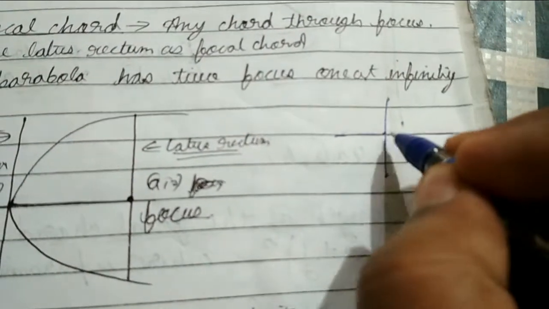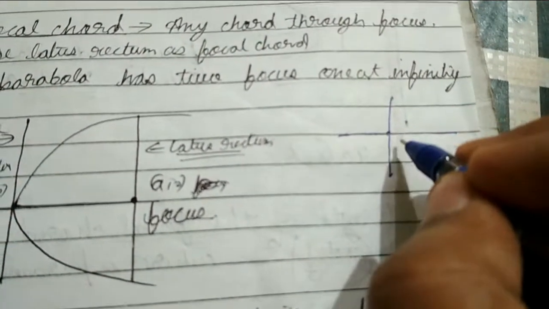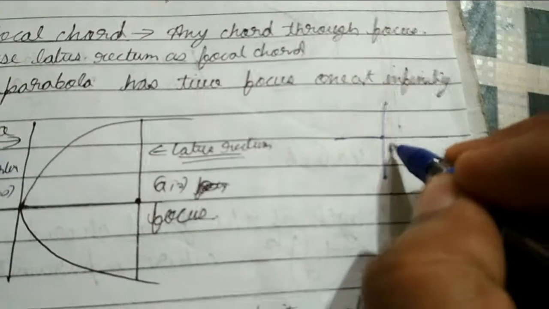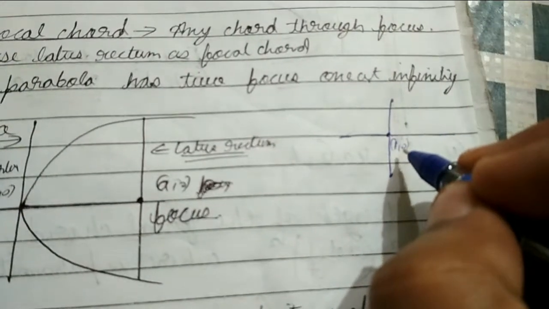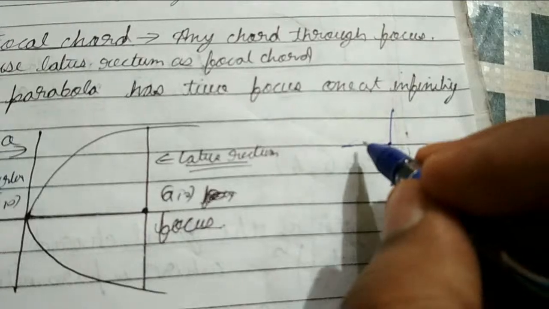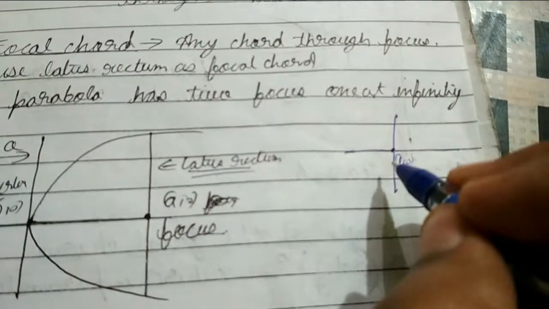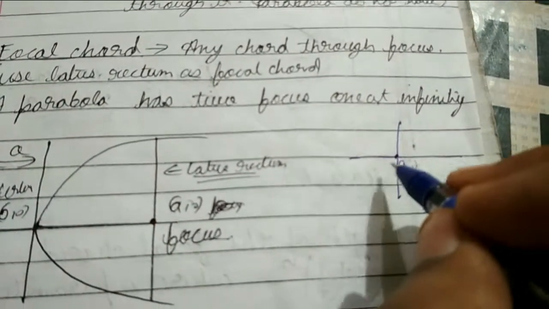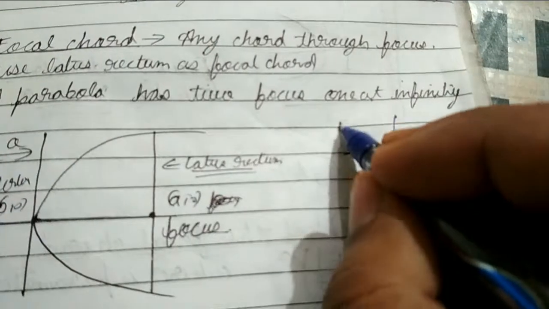Suppose here this is your directrix. This sort of question, a very easy question, came in AIEEE maybe 2004 and 2005. I'm not sure about the year, but it was there in 2004 or 2005, a very simple question.